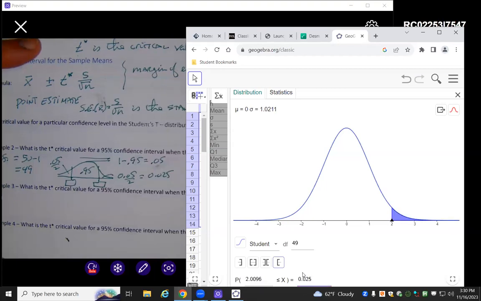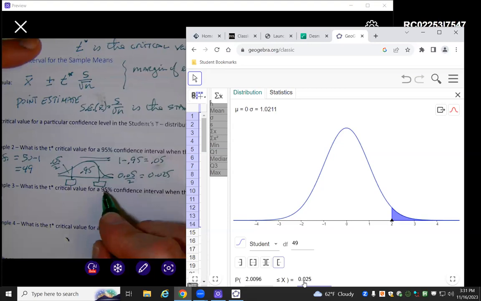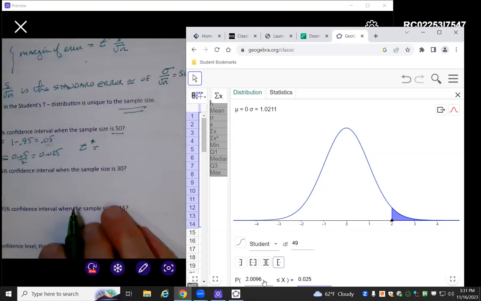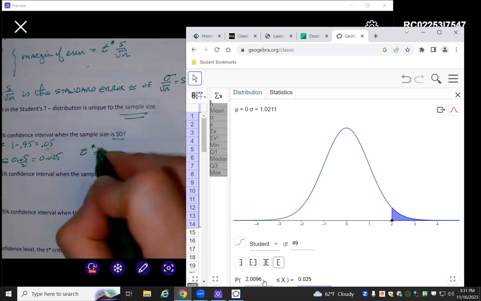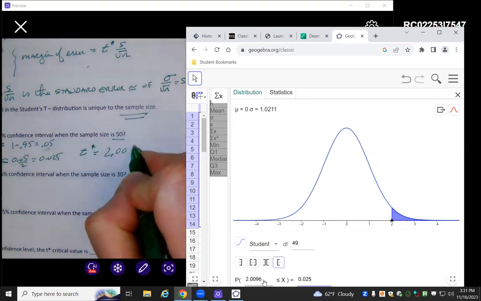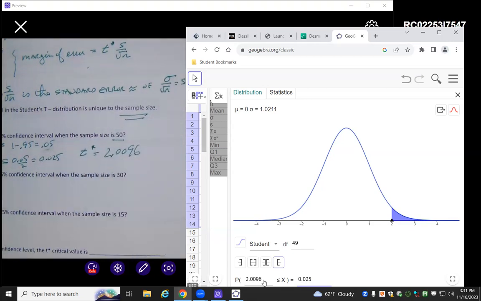So I enter for the output as 0.025, right? That's what I'm entering for the output. And now I'm being told what the T critical is. The T critical then is going to be 2.0096. Okay. There's my T critical value.